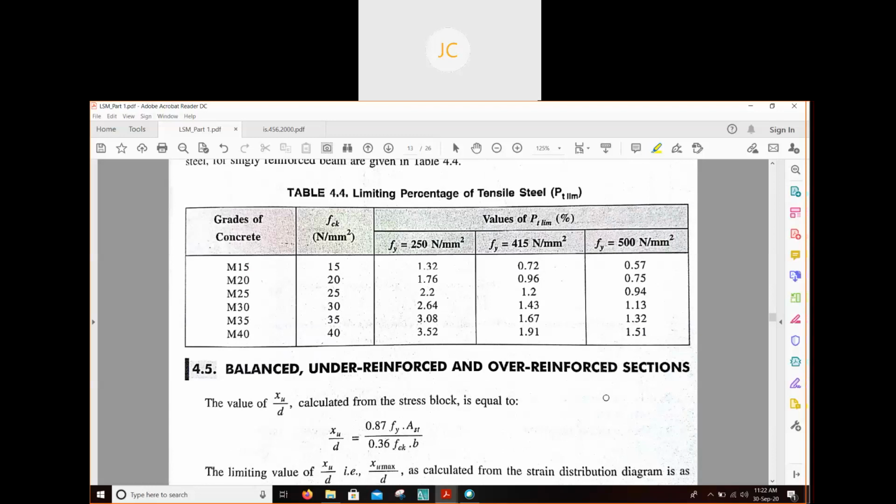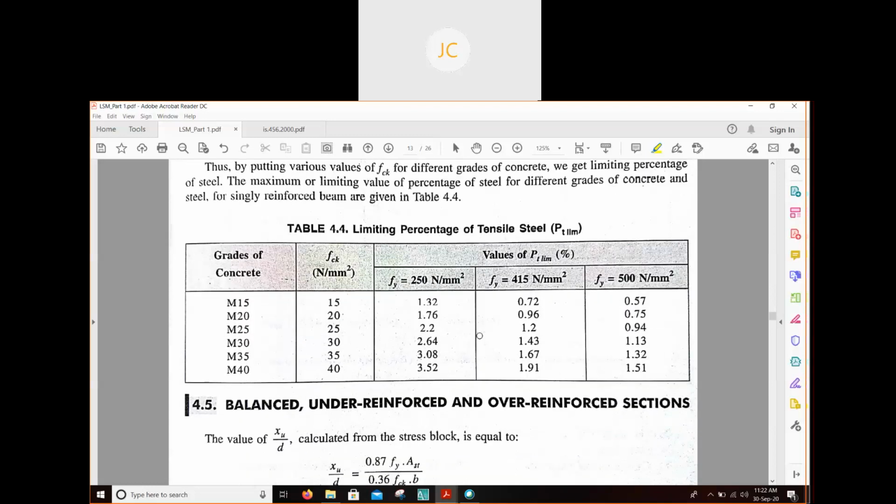So we will discuss balanced, under reinforced and over reinforced sections in the next class. I will share the PDF with you, no need to worry for that. At the end of today's class I will share the PDF in your group, or I can share the PDF with Shirodha.